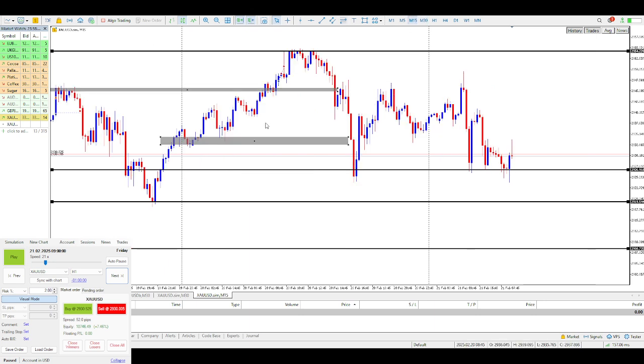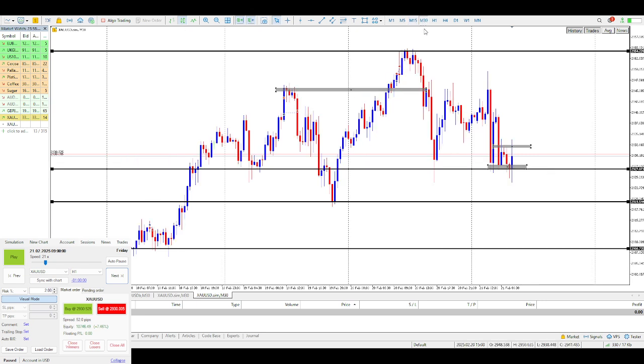Yes, there are those wicks, and again they have another resistance up there. So let's wait and see a setup.